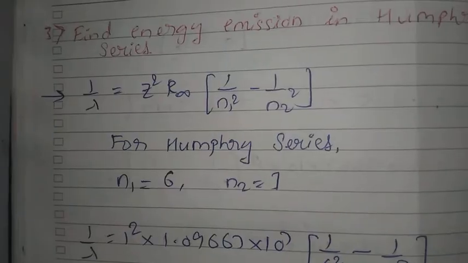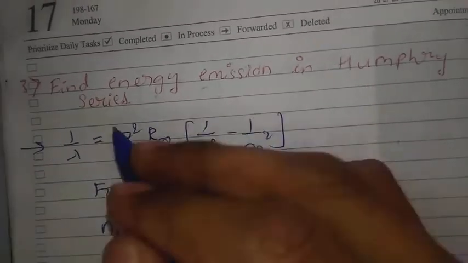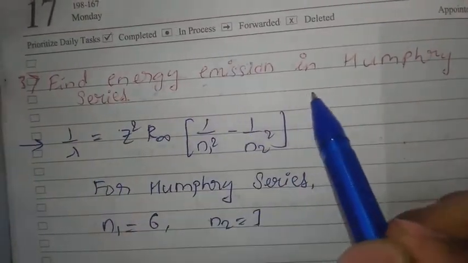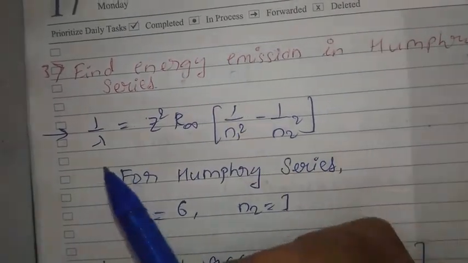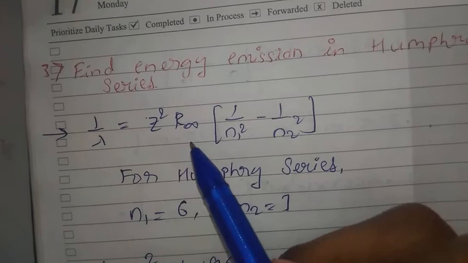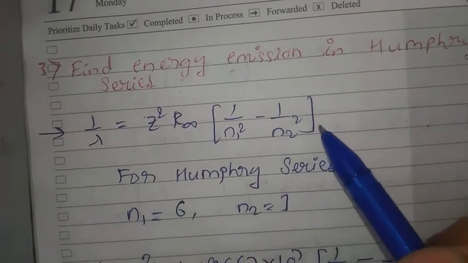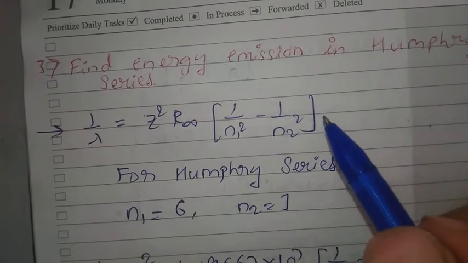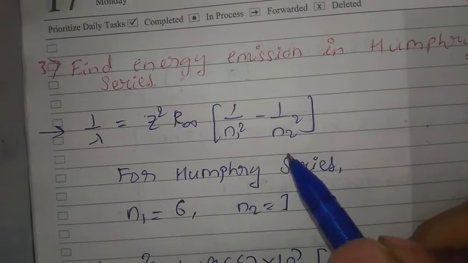Okay, the last question, numerical. Find the energy emission in the Humphrey series. So again using the same formula, 1 by lambda is equal to Z square R infinity into 1 by n1 square minus 1 by n2 square. Let us again refer to the graph to find out the values of n1 and n2 for the Humphrey series.